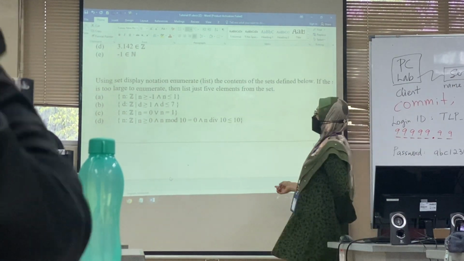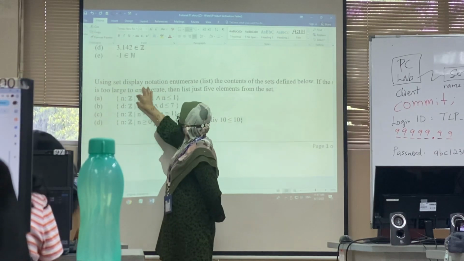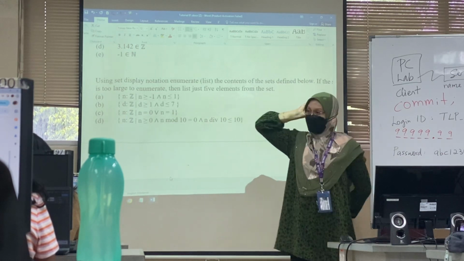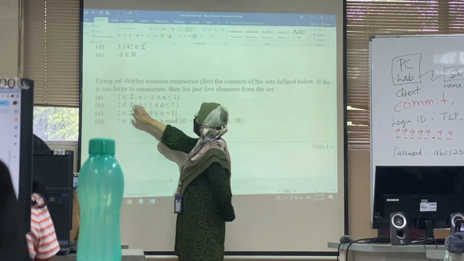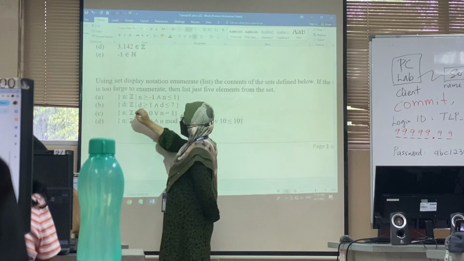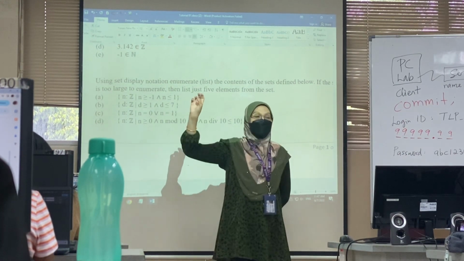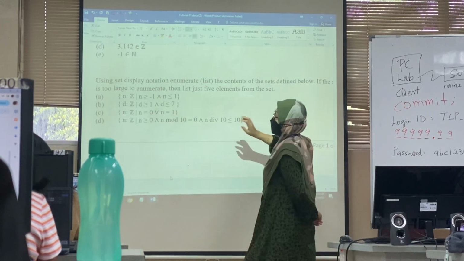So we call this set comprehension. Later when you learn in the lecture, there are other symbols too.